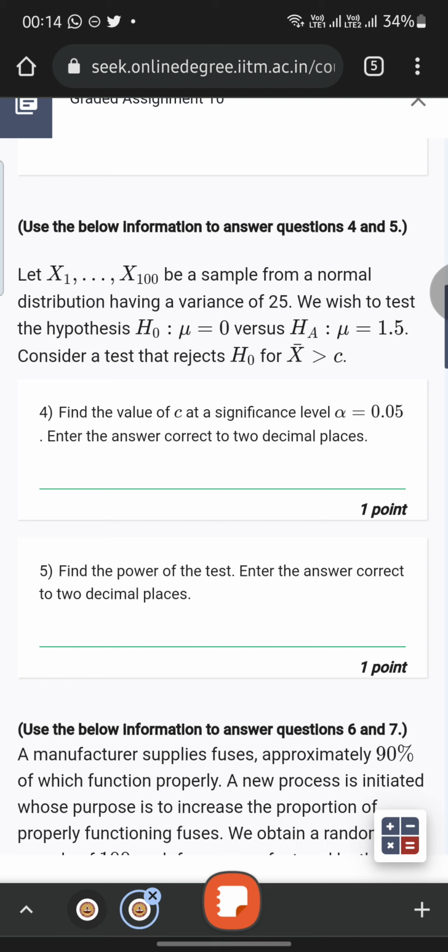So first of all, we need to find the critical value at the significance level of 0.05. It is basically the same as the starting question, right? The only difference is we just need to find the critical value, not the n, so the question will be easier.